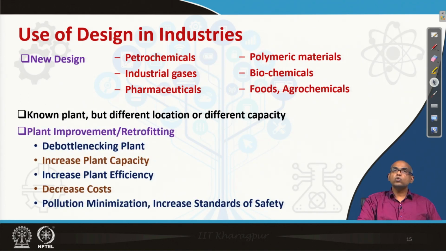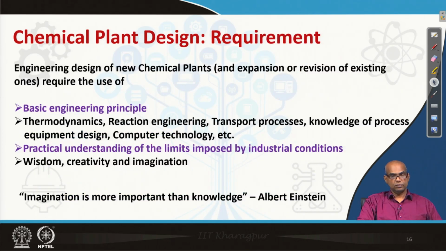Design activity is also undertaken for improvement or retrofitting of processes, debottlenecking of plant, increase plant capacity, increase plant efficiency, decrease cost, pollution minimization, increase standards of safety. So, what does it require to design a chemical plant?